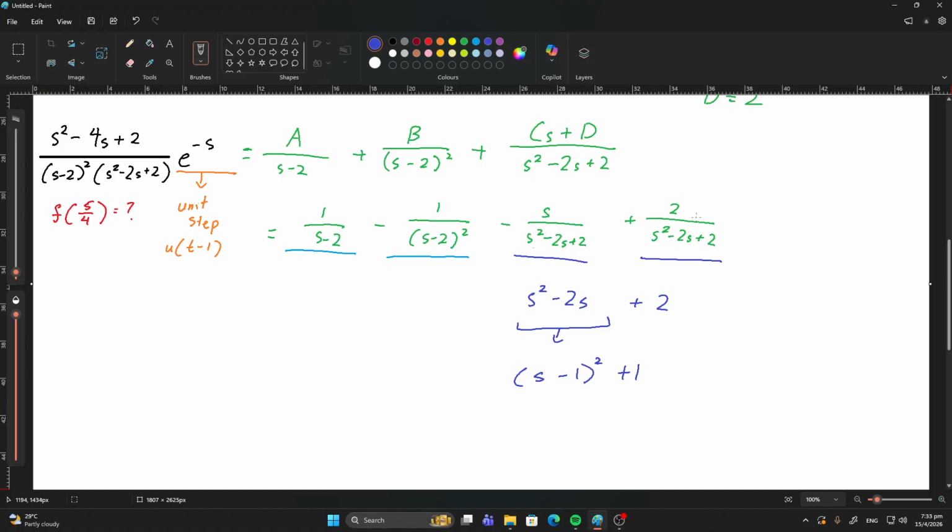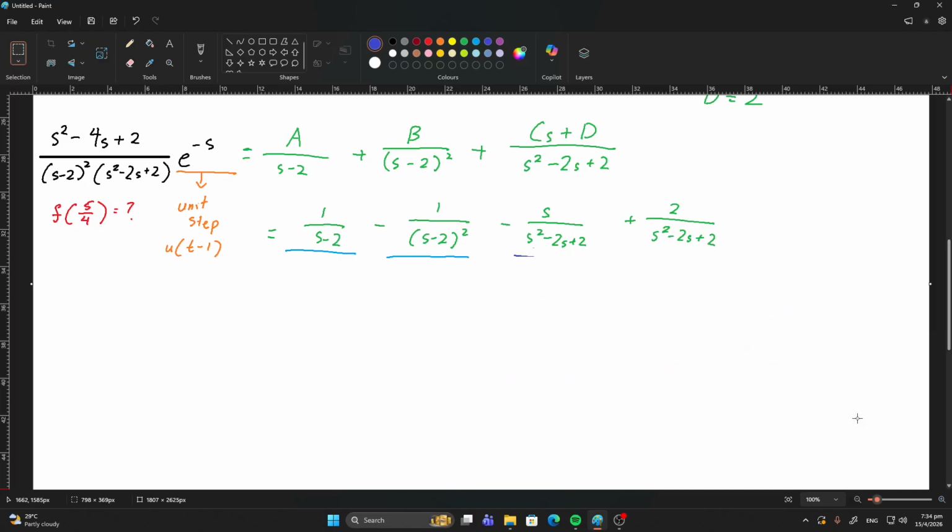Am I missing something? Plus 1 plus 1. Ah, okay, yeah, it's a plus 1 because this equals s squared minus 2s plus 1 plus 1, which will give me the 2. Yeah, so it's a plus 1. Alright, my brain farted a little bit.